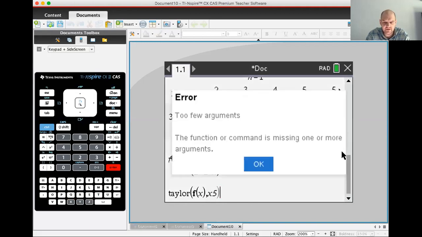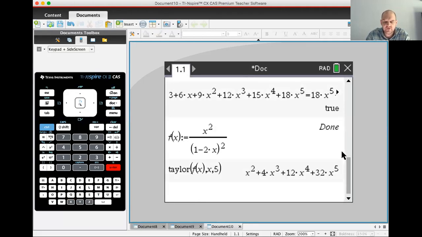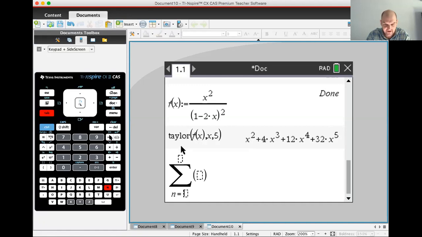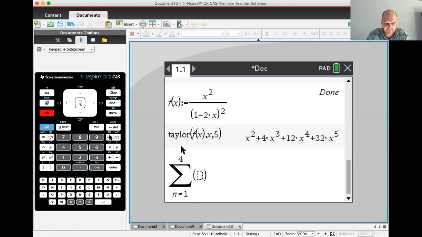Let's get 5 terms. All right, now let's see what our summation spits out. N from 1 to, I only need to go to 4 if I'm going to go up to the 5th power. 1, 2, 3, 4. To go to the 5th power, 0 should be in here?